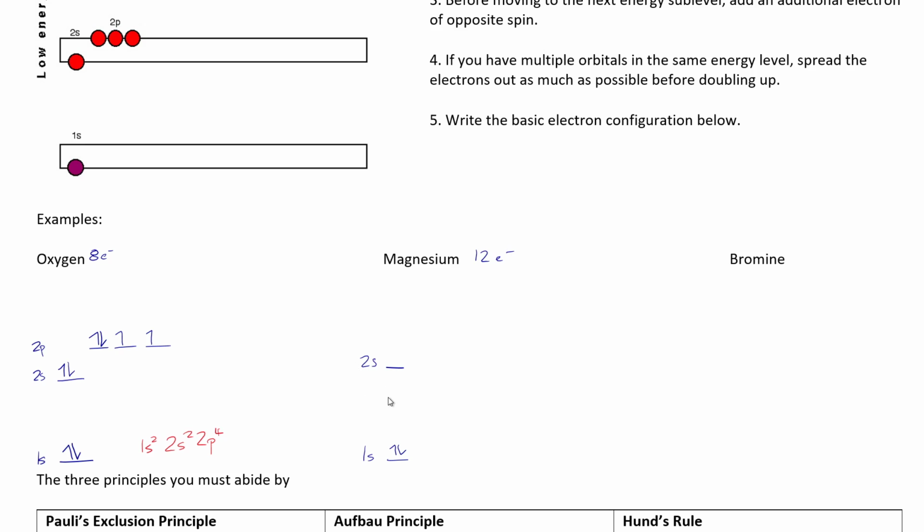2s is like this, and we put another 2. 2p, you can see it right there, is another 3. And we do have to indent them somewhat. And so this is 2, 4, 5, 6, 7, 8, 9, 10. All right, so what do we do next after 2p?